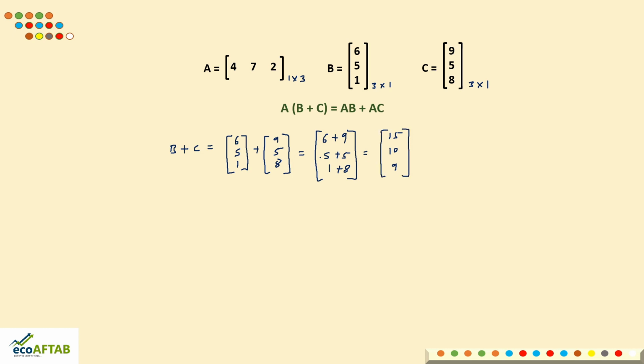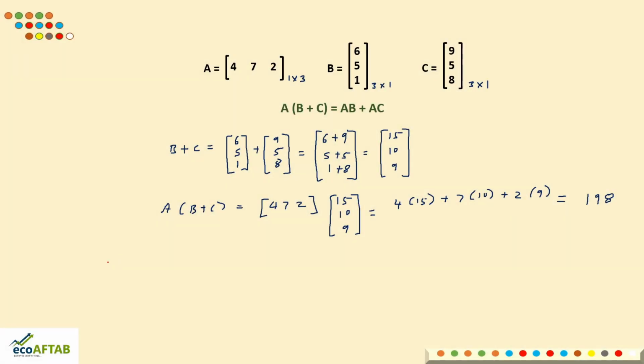Now if we multiply this matrix with A matrix, A into B plus C, A is 4, 7, 2 multiplied by 15, 10, 9. What we are going to get is 4 into 15 plus 7 into 10 plus 2 into 9.